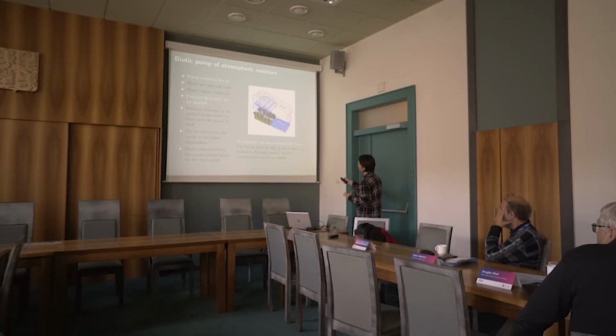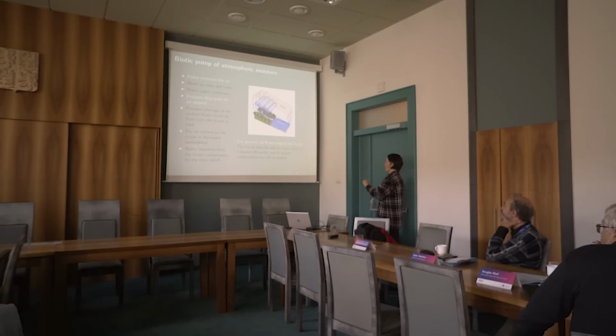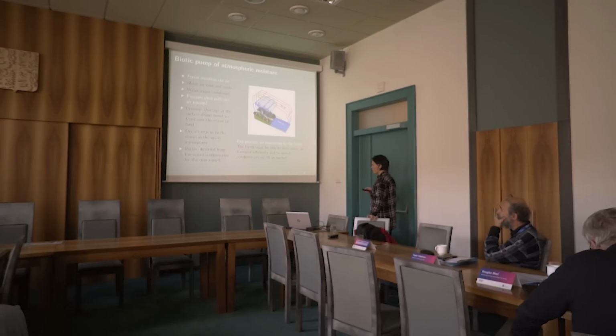Then this pressure gradient drives moist winds, and we have this circulation which brings water to land. Here we can see the key process is the air moistening by the forest, because if the atmosphere is dry and we don't have this enrichment of the atmosphere with moisture, then the process will stop.